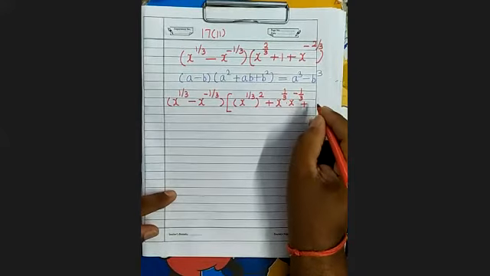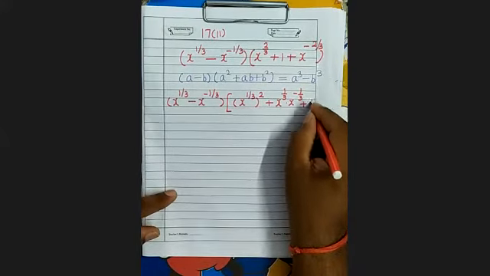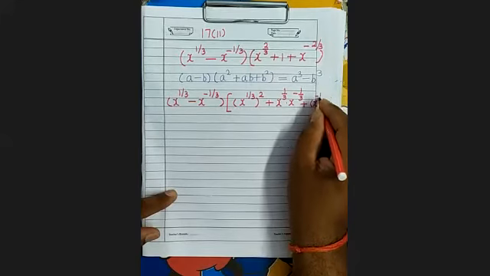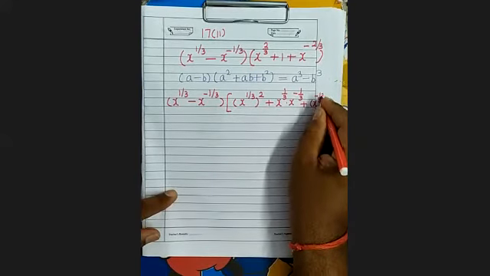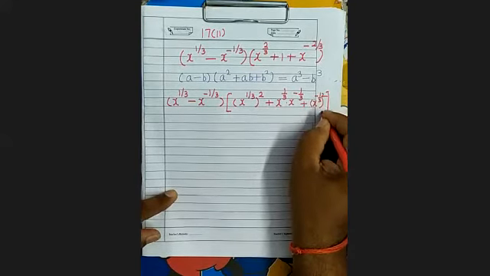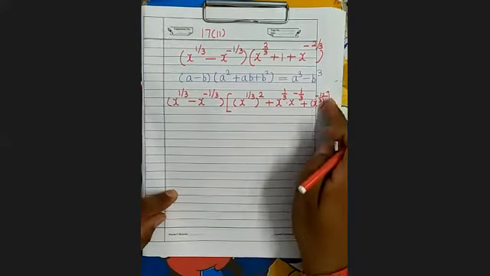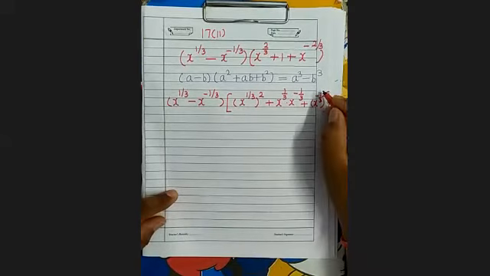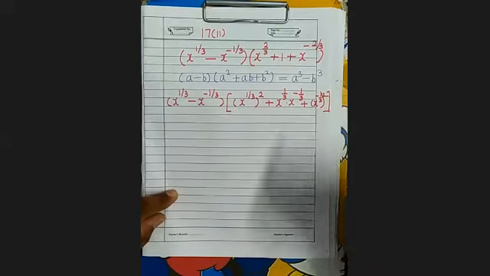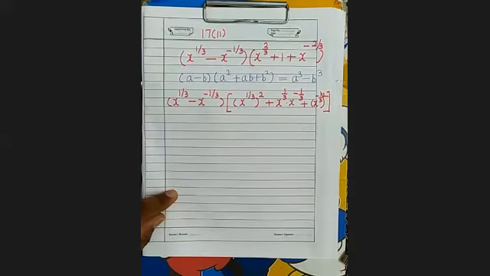And this we can write as x to the power minus 1 by 3 whole square. It's clear.